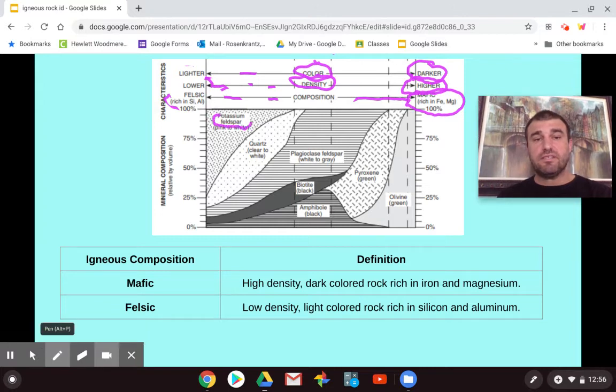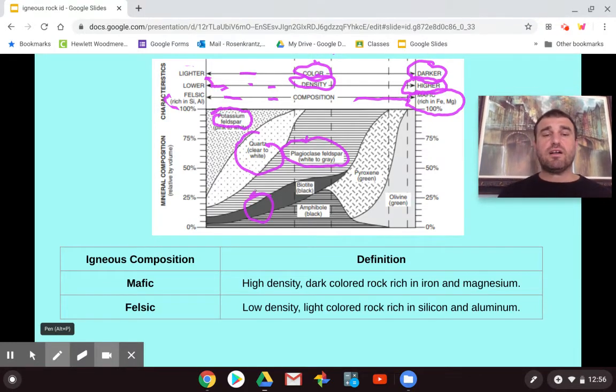See potassium feldspar here, plagioclase feldspar. And then all the rest of these minerals that are in this rock are what's called silicates. So basically, they took feldspar and silicates and made up the word felsic. So they're made up of feldspars and other silicates, or silica, which is another word for quartz sometimes.